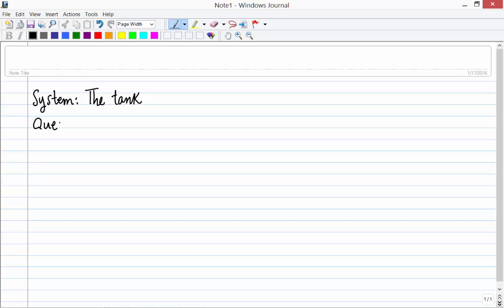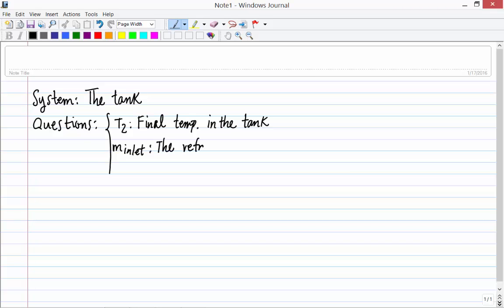And then I need to have a summary of the questions that are asked, which are T2, which I define as the final temperature in the tank, and also it asks for the mass which entered the tank meanwhile the valve was open, the refrigerant into the tank through the valve.